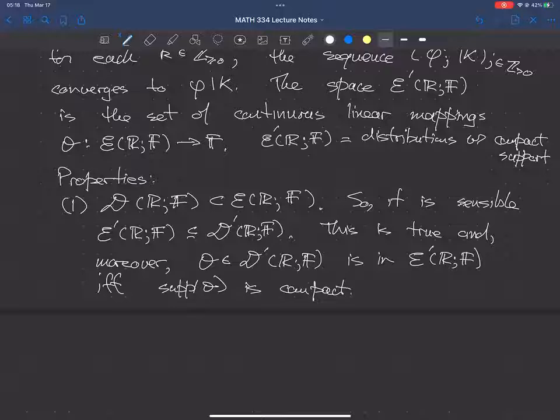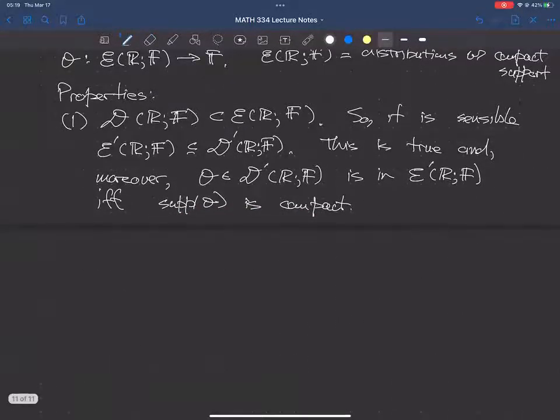So the space E prime is, in name, distributions with compact support, and in fact, it's distributions with compact support.